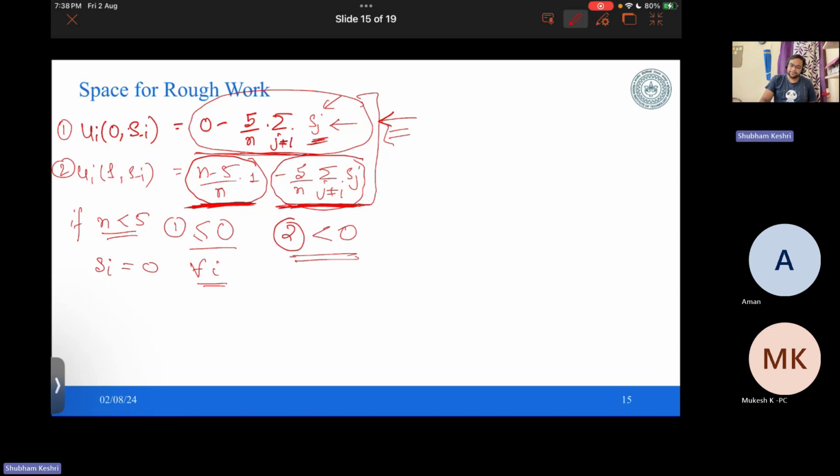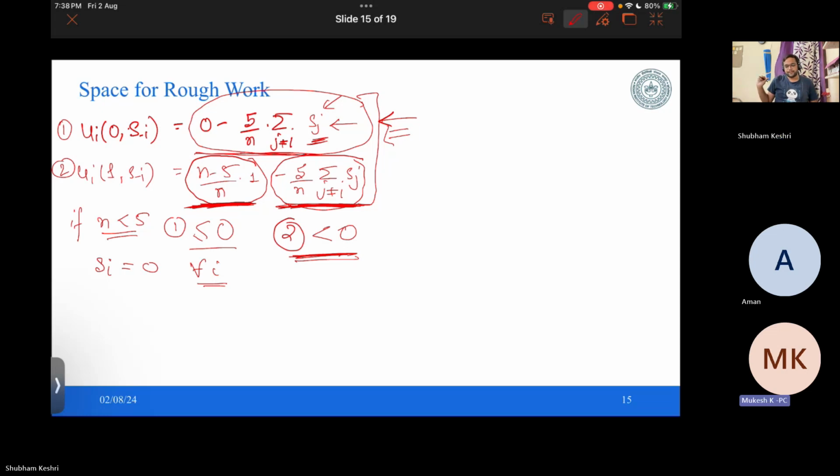Because if any other strategy is being played, even by one of the players, the utility of all the players will become negative. So the best strategy of all the players is to play 0. Is this correct?